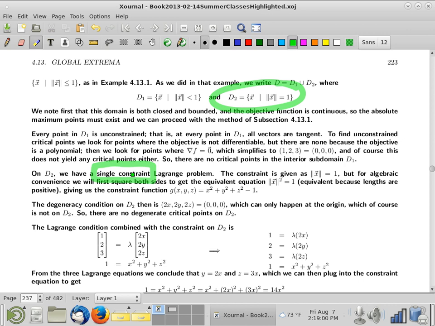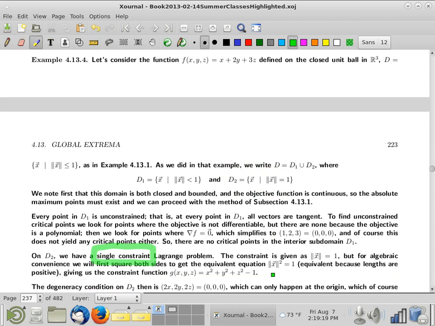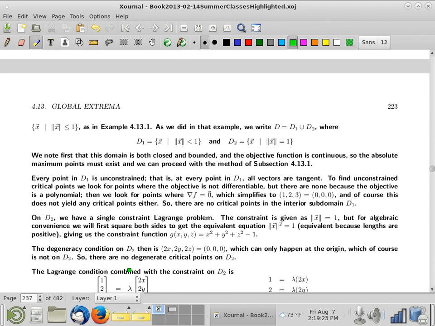The objective function is clearly differentiable. The degeneracy condition requires looking at the constraint gradient, which is this.